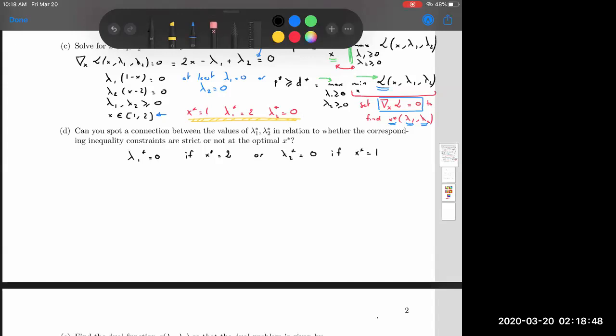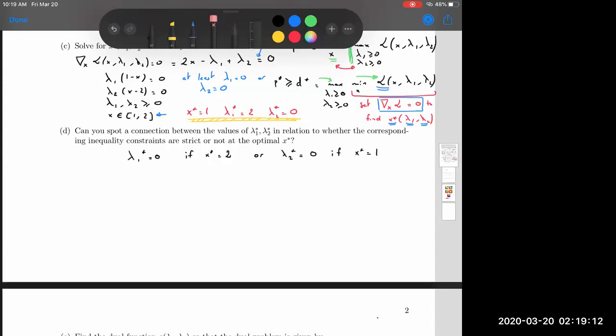So you cannot have lambda 1 and lambda 2 star cannot be. No, sorry, I think I said something wrong.